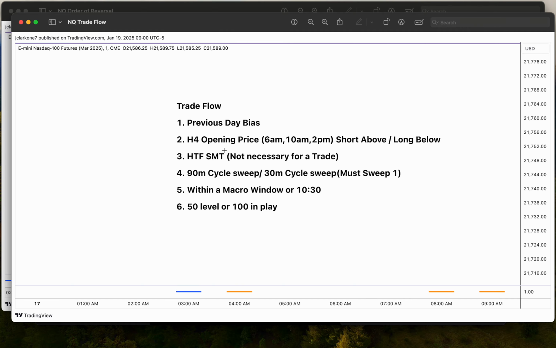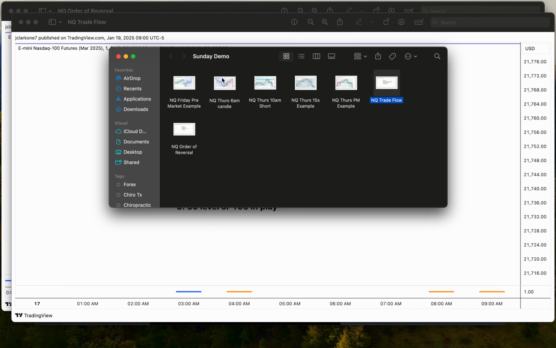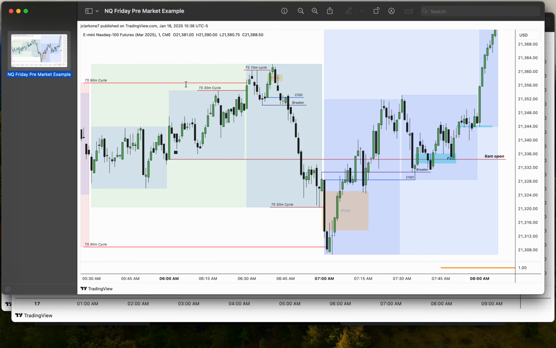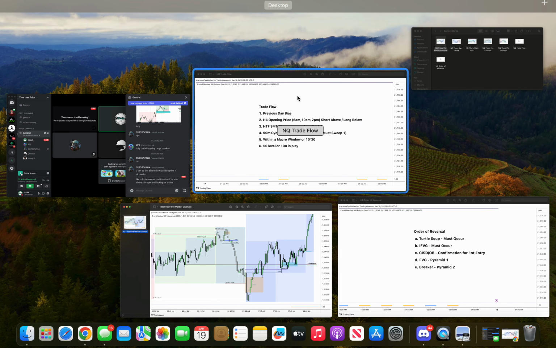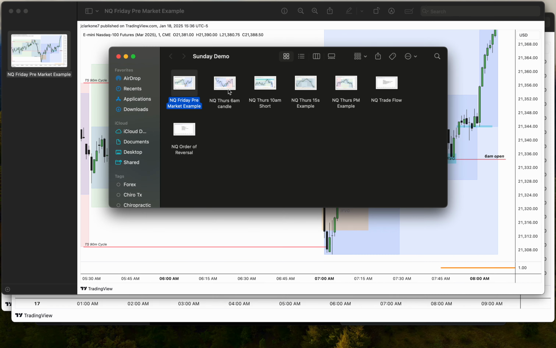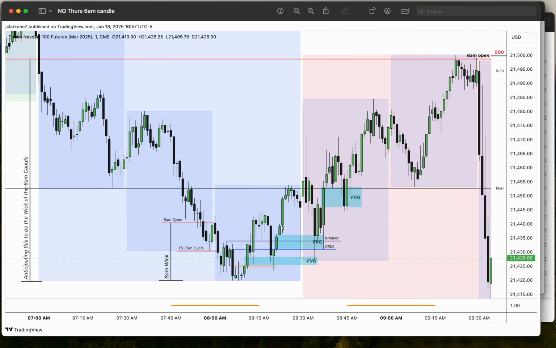I know I showed you an example where it does work out, where we have the 8:30 news, but I don't typically like to hold on through that unless I'm really, really, really confident.